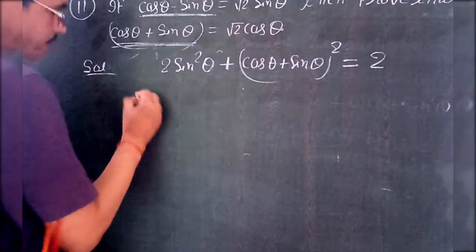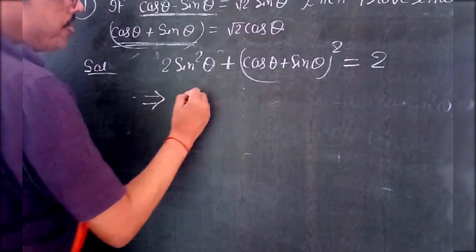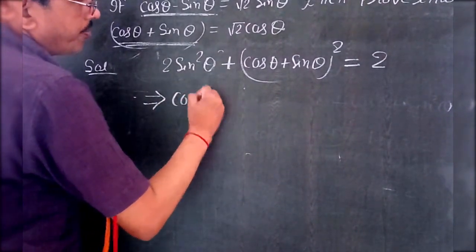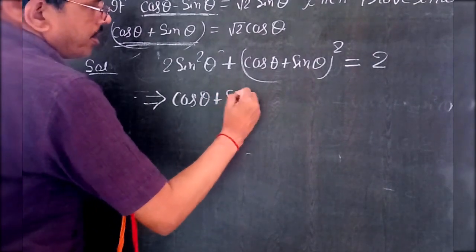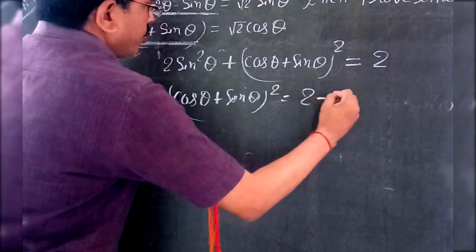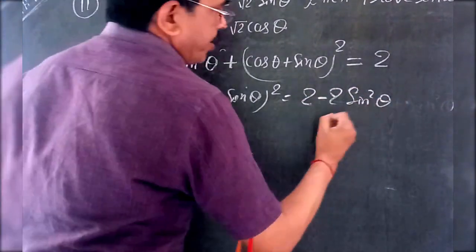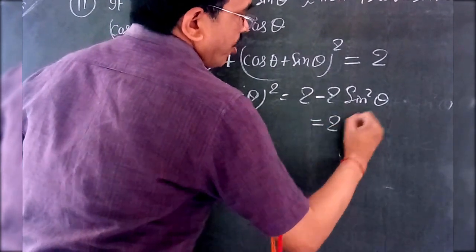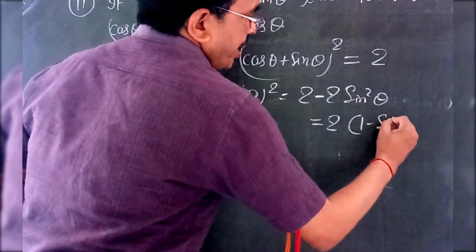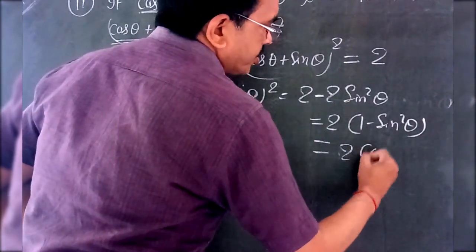What do you get? You write cos theta plus sin theta whole square is equal to 2 minus 2 sin square theta. Taking 2 common, 1 minus sin square theta is cos square theta, so that is 2 cos square theta.